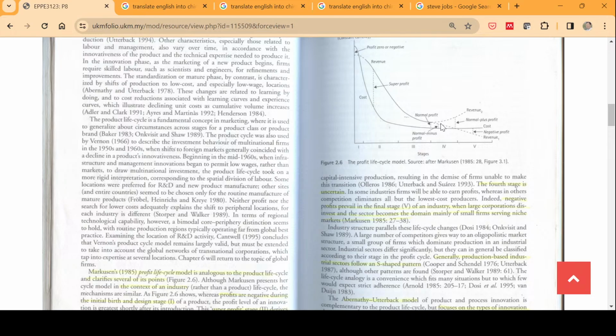What is product differentiation? Being different from competitors' products.